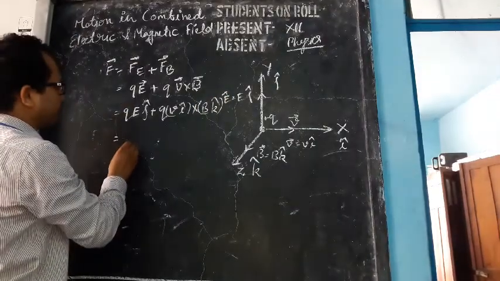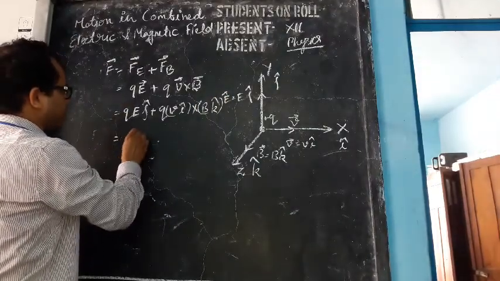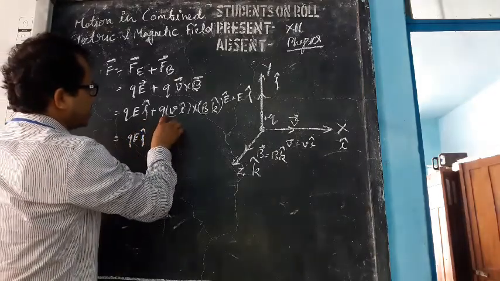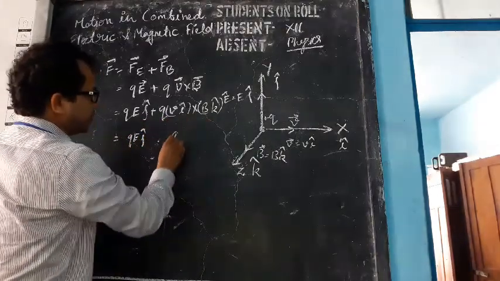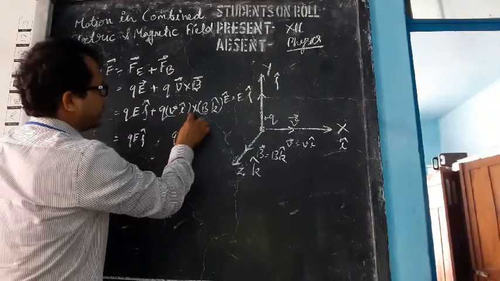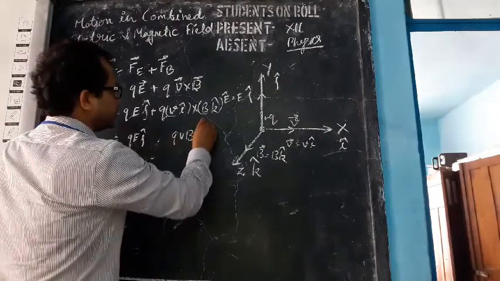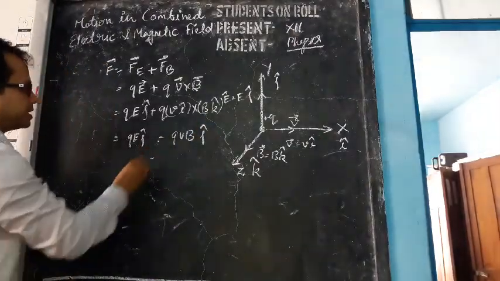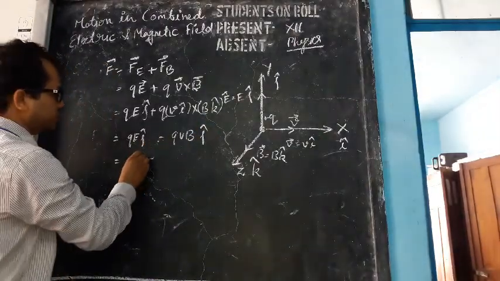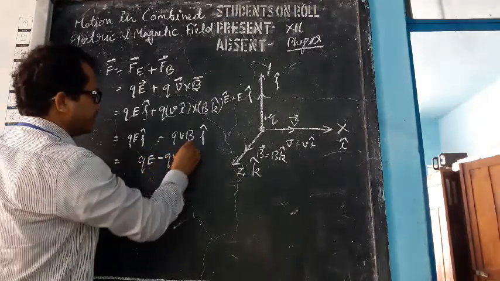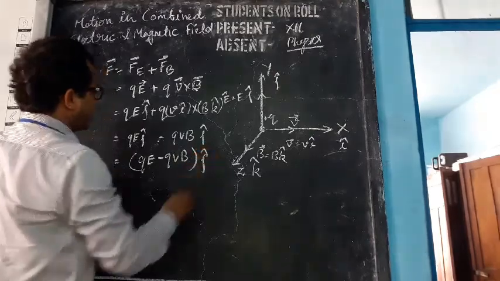So it will be equal to qE j cap, and here q v B, and i cross k is minus j. The minus sign is taken, so it will be equal to (qE minus qvB) j cap.